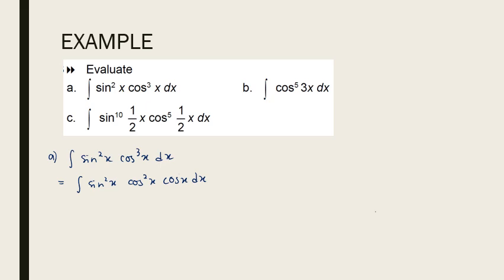What is the identity that we use? The identity is cos square x equal to 1 minus sine square x. Use the identity and substitute into our function: sine square x, 1 minus sine square x, and cos x dx.